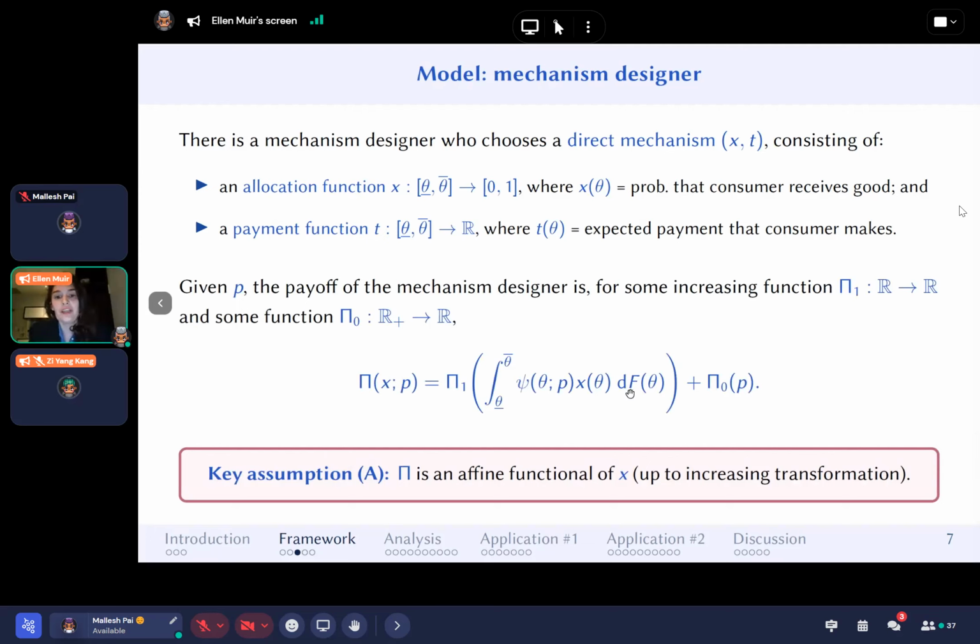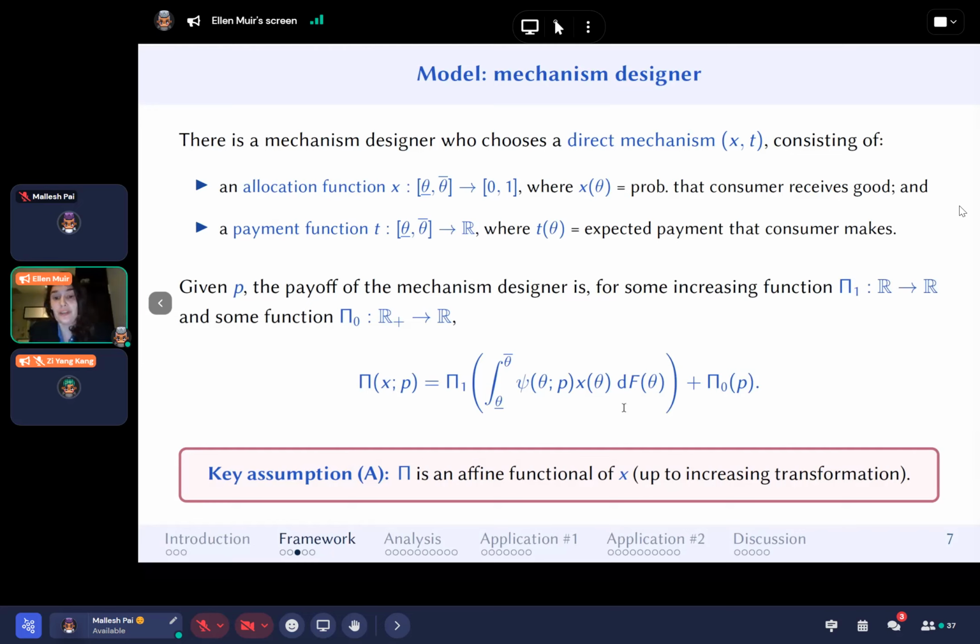So it basically consists of 2 components, this capital pi 1 component and this capital pi naught component. The capital pi 1 component, we can basically think of as the component that's depending directly on the allocation that's realized in the design market.